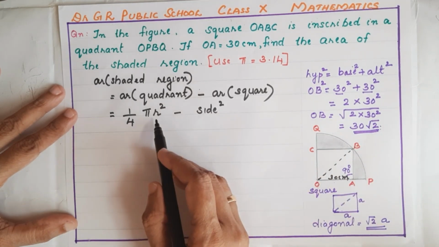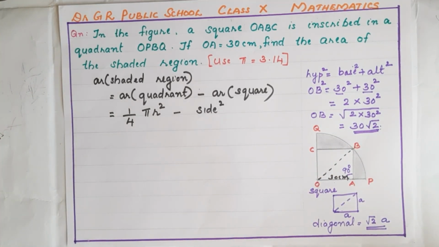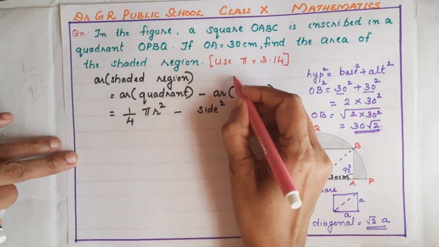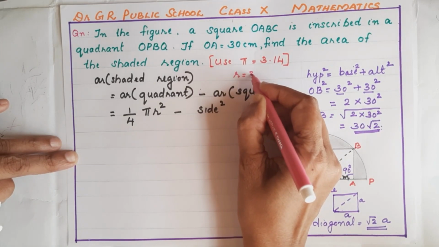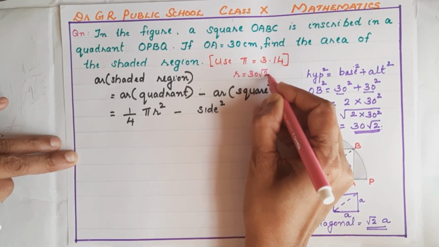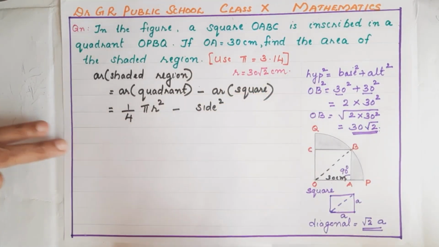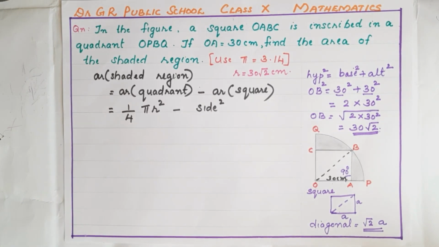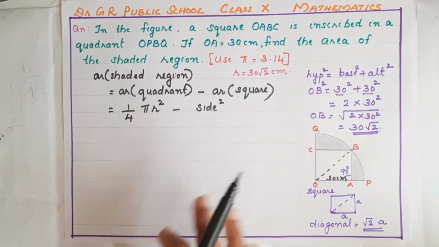What did we get as the radius? R is equal to 30 root 2 centimeter. Okay. Now we can apply all these values.